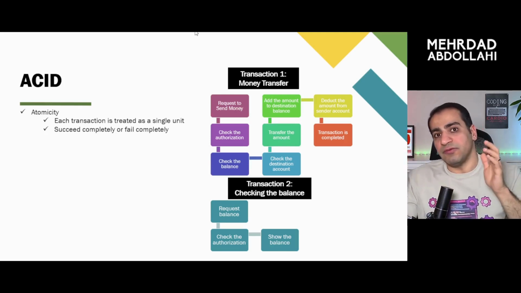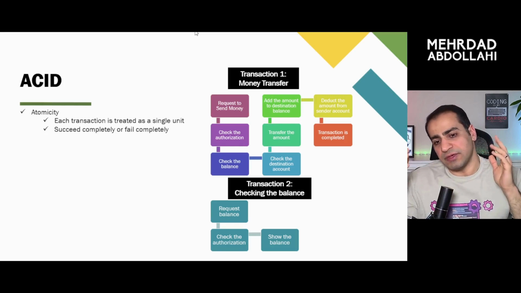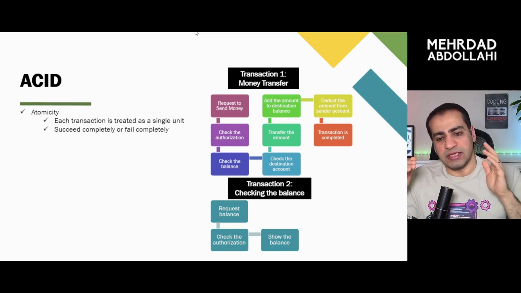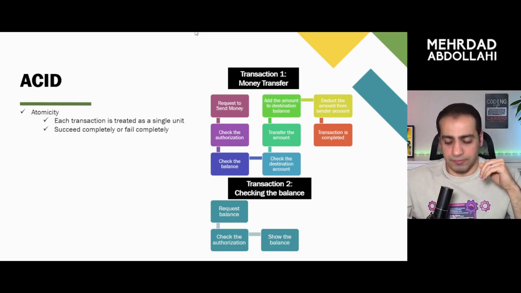So all of them have to succeed or all of them have to fail. If something fails in the middle, for example the destination account is not valid, the whole transaction will fail.